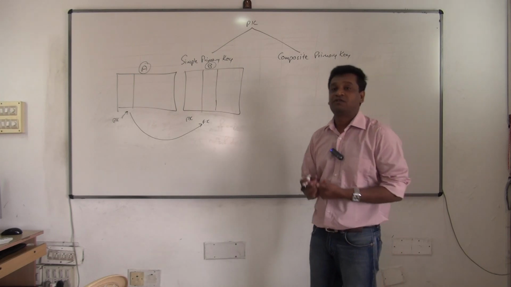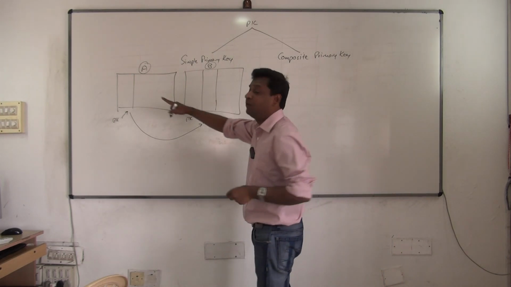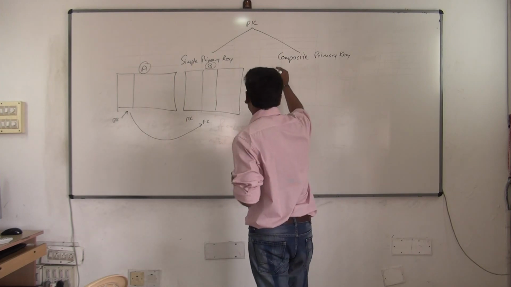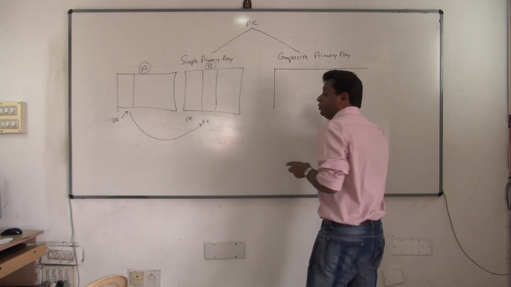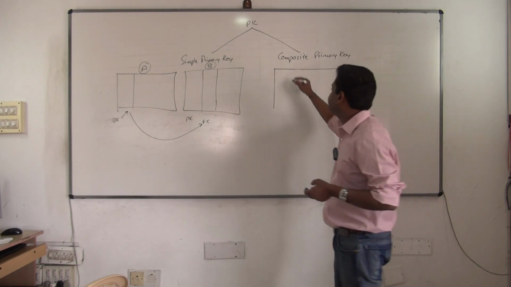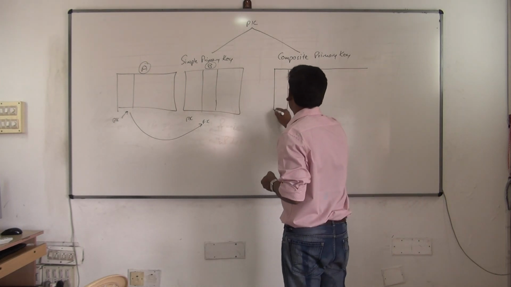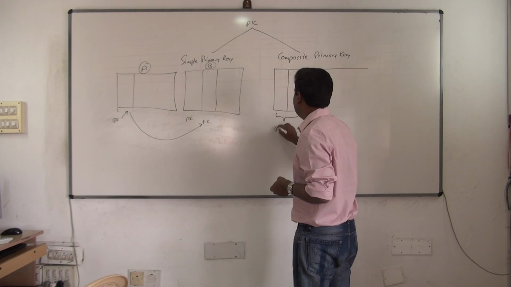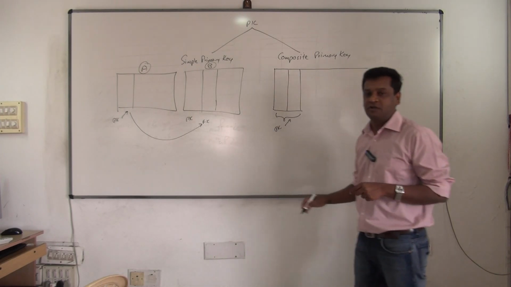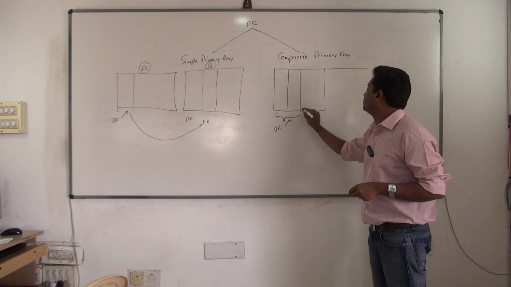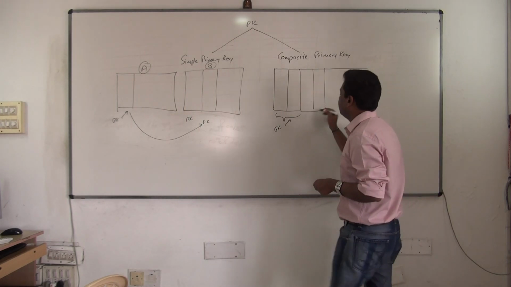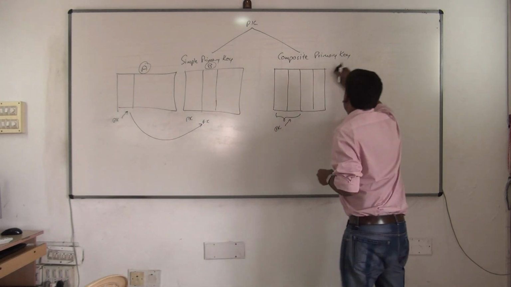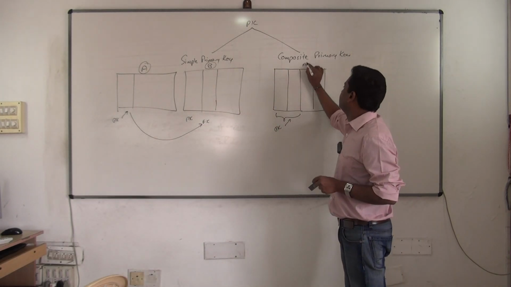Yes, but this is an example for simple primary key. Next I'll show you what is composite foreign key. Here only one column will be used. But in composite primary key, it's a combination of two or more columns. Two columns put together will become the primary key. You can do this also. Now this is A table.